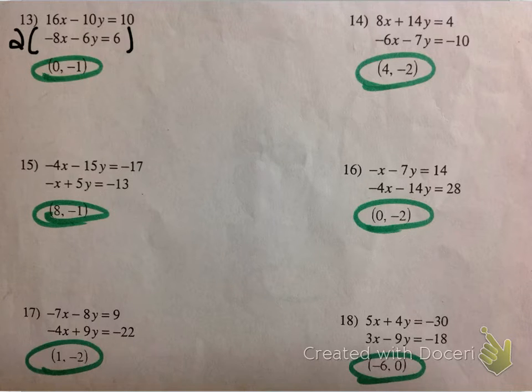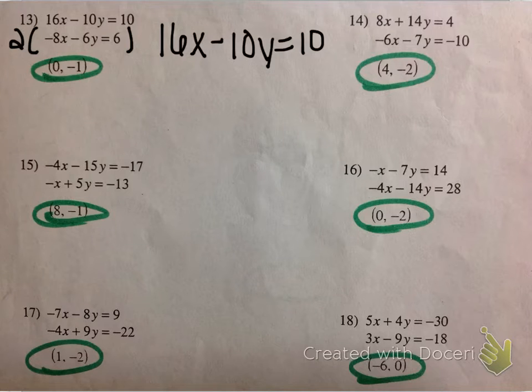Alright, so here we go. So 16x minus 10y, which is not right. Oh yeah, sorry, I'm writing the first one. And then the bottom is going to be now negative 16x minus 12y equals 12.